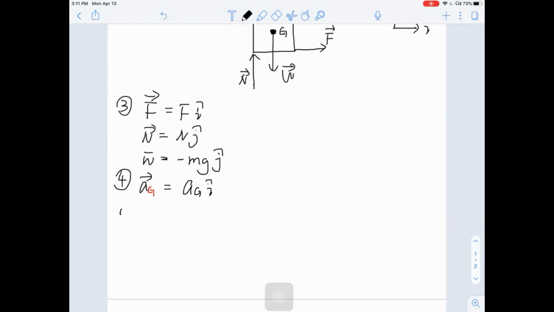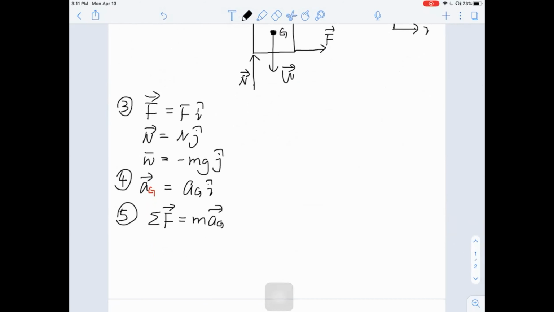Okay, step 5. Now it's time to apply Newton's second law. The sum of all the forces goes ma. And this is a vector equation. We can break that down into i and j. In the i direction, all the forces we have is the force F. That's it, equal to m a_G. In the j direction, we have more forces, which is normal force minus mg.